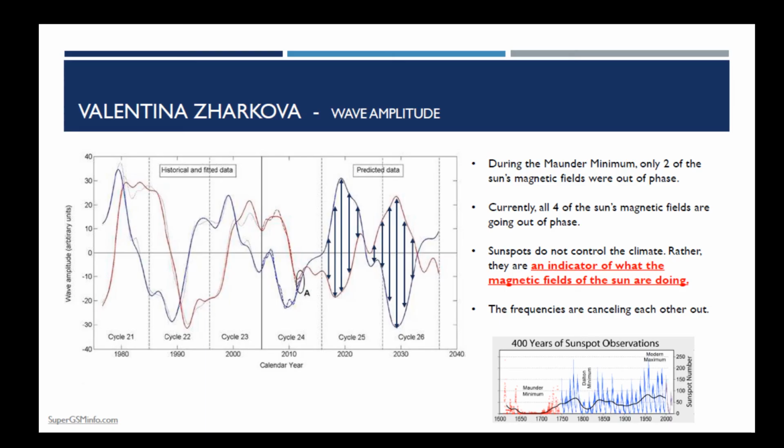So, like I said, she modeled the sun's magnetic field, and she found there's magnetic waves. The sun's kind of a dynamo effect. And this is a complex thing that I don't have time to go into. You're welcome to listen to her presentation. But she's saying that these magnetic fields are going to go out of phase, and we're going to go into a period of grand solar minimum.